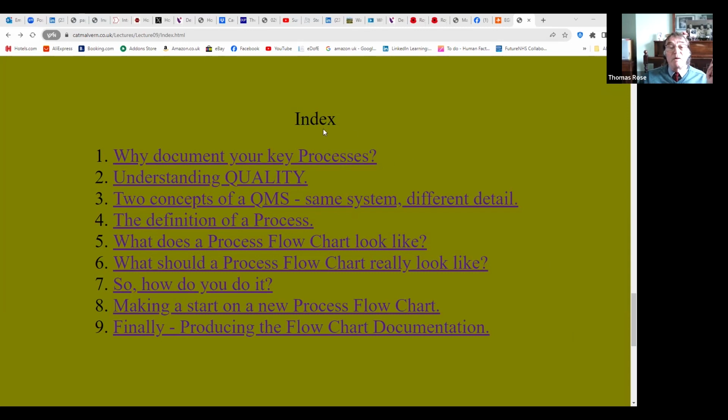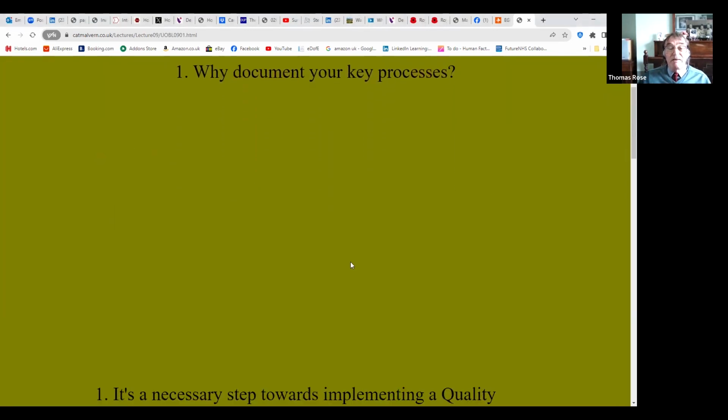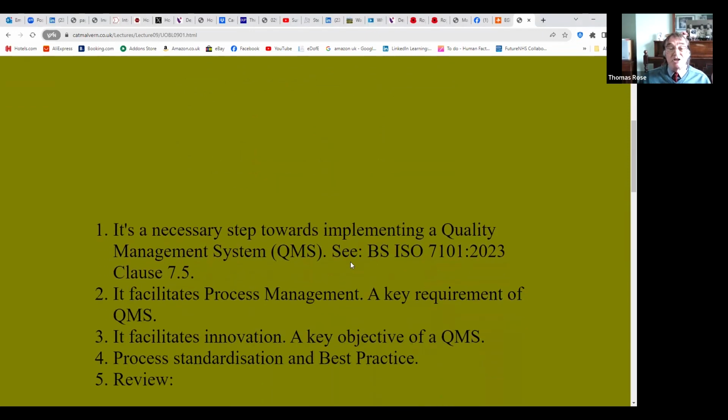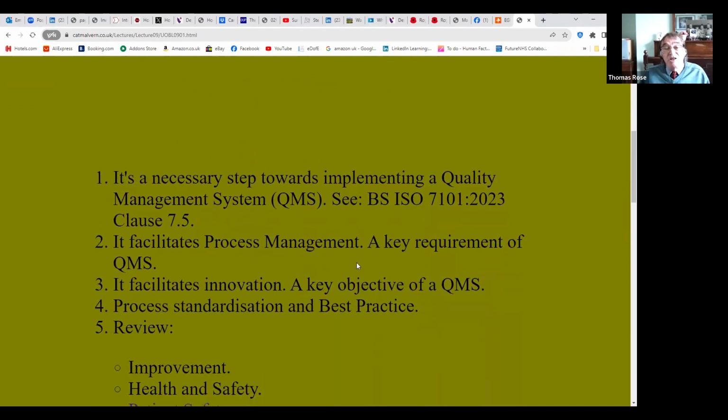So first of all, why document your processes in the first place? Well, there's lots of really good reasons. And one of them is that it's a necessary first step towards implementing a quality management system. And there's a new British standard and international standard. And this standard was produced in conjunction with the WHO, the World Health Organization.